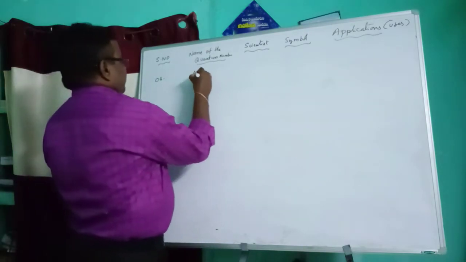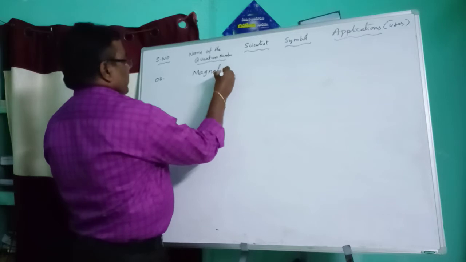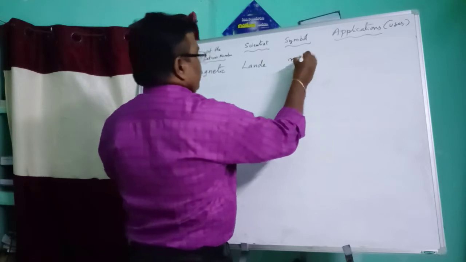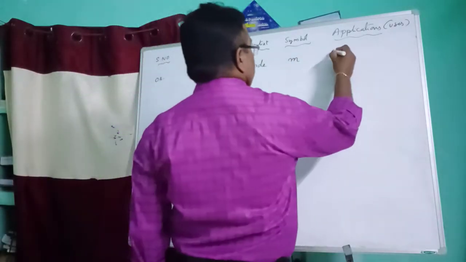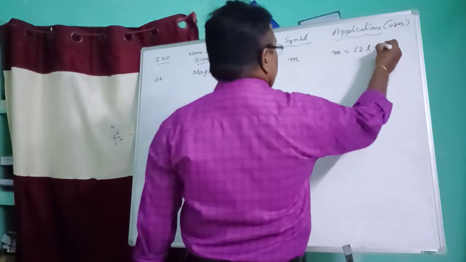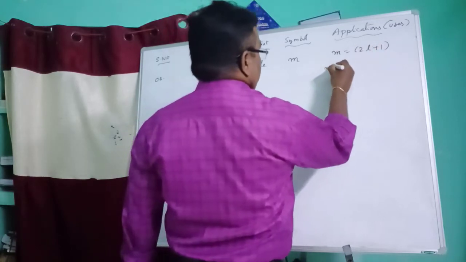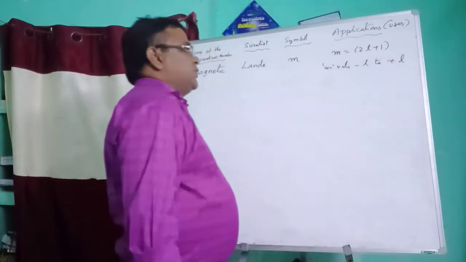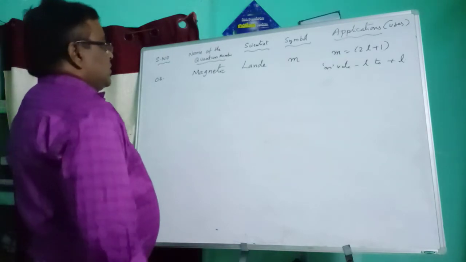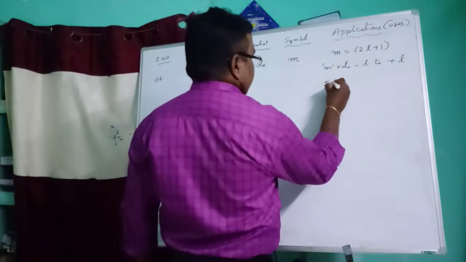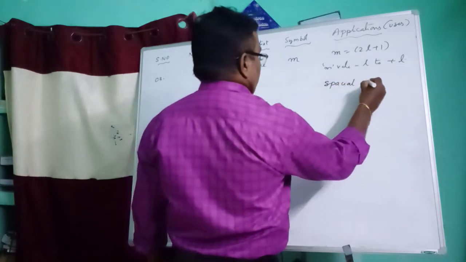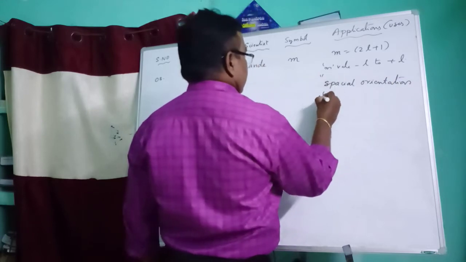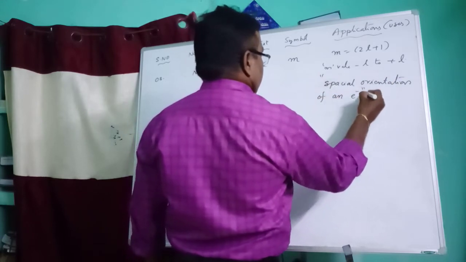Third one is magnetic quantum number. Scientist is Landé. Symbol is M. Application: M depends on L value. M is equal to 2L plus 1. M values carry from minus L to plus L. So magnetic quantum number represents the spatial orientation of an electron.